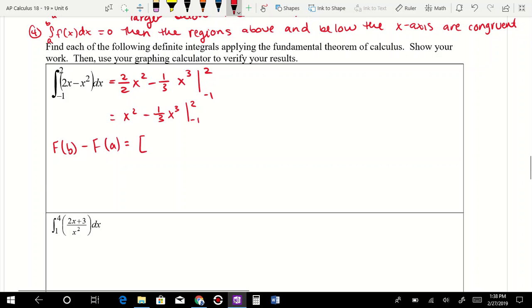So we'll have 2 squared minus 1/3 2 cubed, minus -1 squared minus 1/3 negative 1 cubed, which will give us 4 minus 8/3 minus 1 minus 1/3.